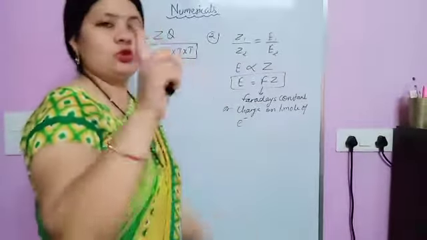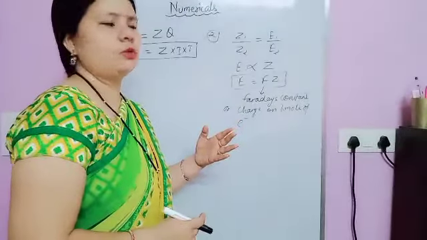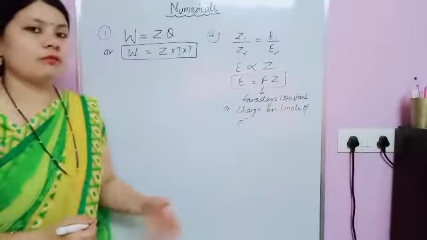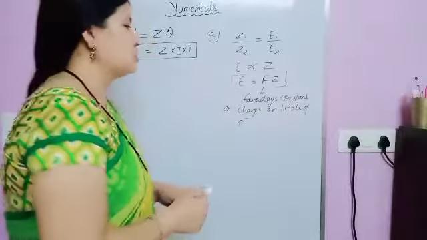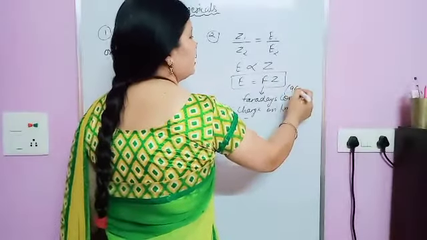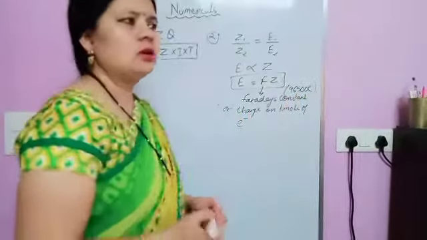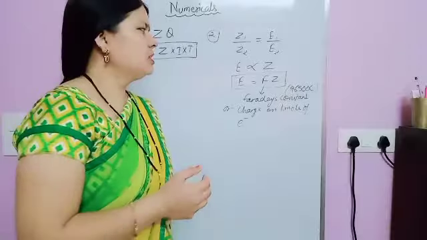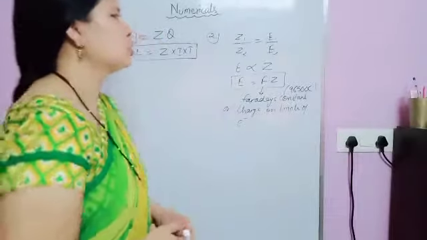You know the charge on one electron is 1.6 into 10 to the power minus 19, and for 1 mole, after calculating, the approximate value we have for Faraday's constant is 96500 coulomb. That you have to learn. Sometimes it's given in the exam, sometimes it isn't, but this one is easy. You can learn this value, that is 96500 coulomb.